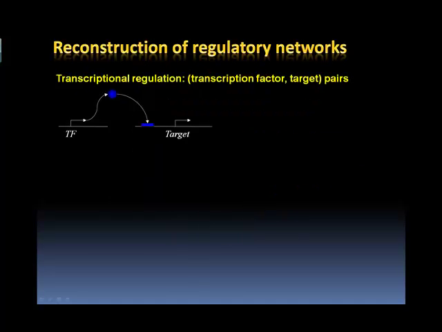The next slide illustrates the principle behind ARACNe analysis at a very high level. We know that when the expression level of a transcription factor increases, the expression level of target genes it activates will increase, and the expression level of target genes it suppresses will decrease.